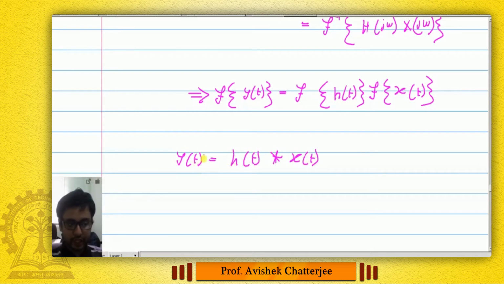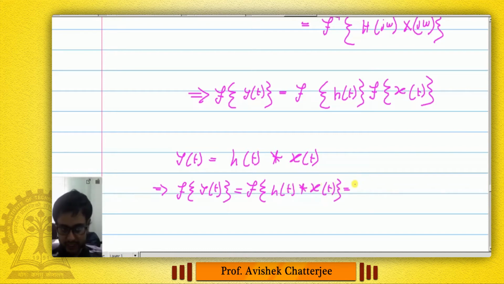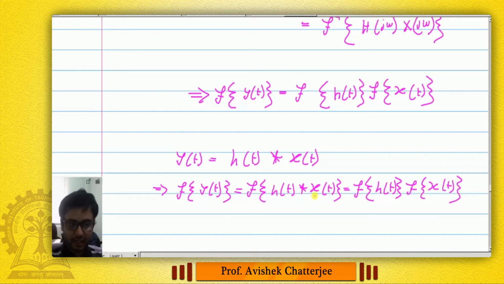If you now take the Fourier transform, then the Fourier transform of y must be equal to the Fourier transform of this convolution, and we know that the Fourier transform of a convolution of two signals is the same as the product of the individual Fourier transforms. So this rule you can derive in one line.